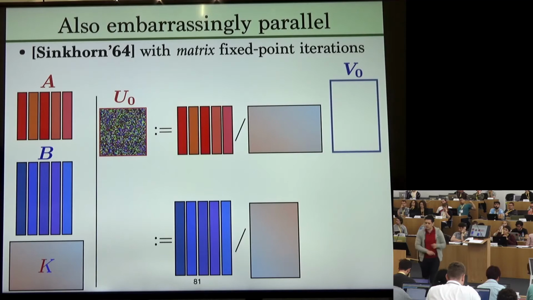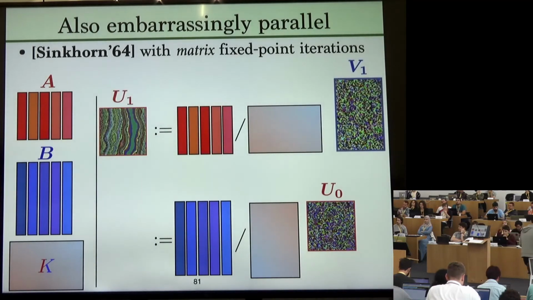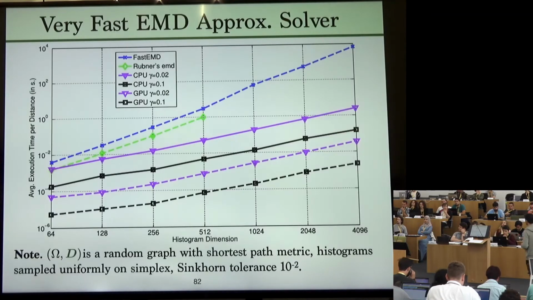So this is what we showed, and if you do this way, then basically you will recover that this Sinkhorn algorithm is orders of magnitude faster than the network flow simplex. So this slide is from 6 years ago, so it was in my first work in this field.